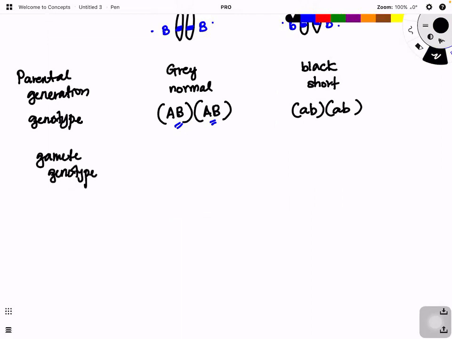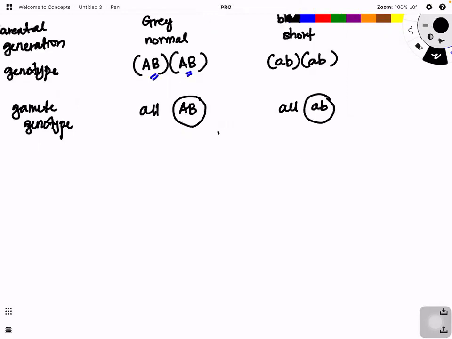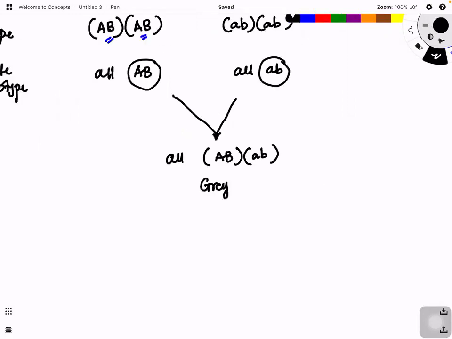So in terms of gamete genotypes, you will realize that you're going to have big A, big B, so similar. That's why in the first generation, you don't see any difference. When fertilization takes place, I'm going to have big A, big B, small a, small b. So all of them will show the gray body, normal wing.